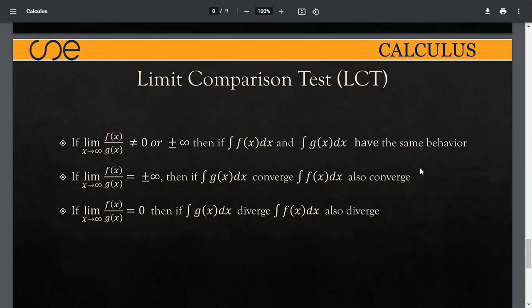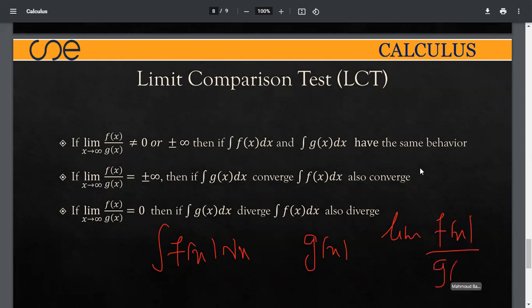If I have an integral of f of x dx, and I couldn't solve it using the direct comparison test, I couldn't solve it through the nth term test, and it's not a p integral, I can say that if I could find another function g of x, a function whose behavior I know, that it is convergent or divergent, and if the limit of f of x over g of x is equal to some constant, then I can say that f of x and g of x both have the same behavior.